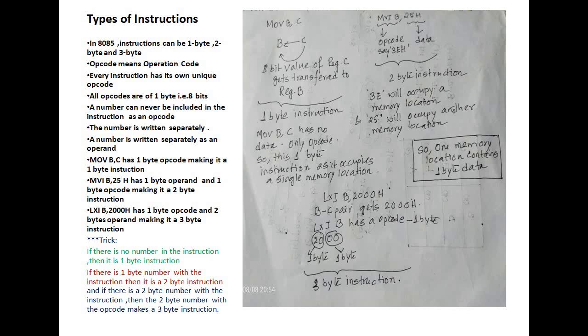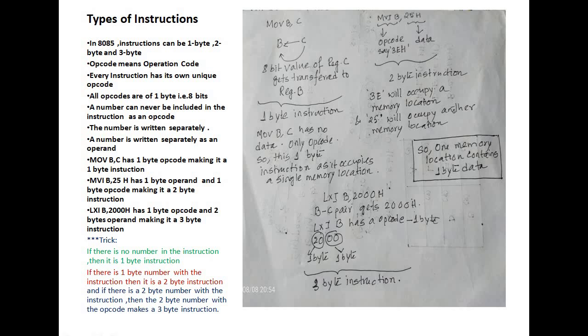When the processor fetches those zeros and ones, it decodes that pattern. That pattern is called the opcode. So every instruction, like MOV B comma C, has a particular pattern, and that pattern is called the opcode. Now all the opcodes are of 1 byte.